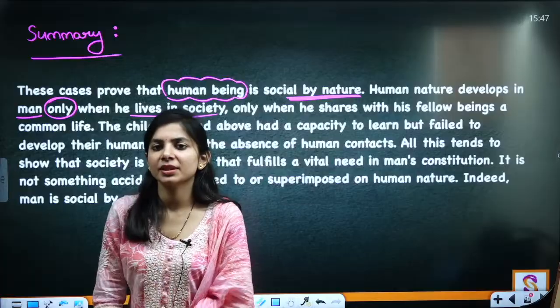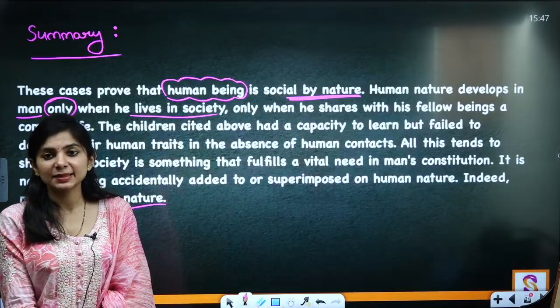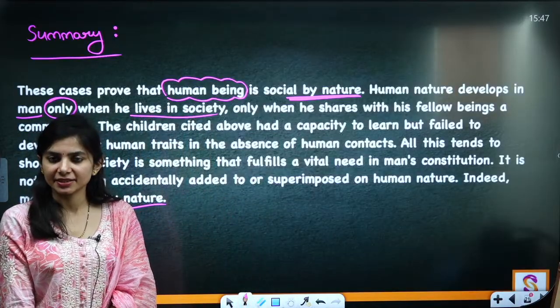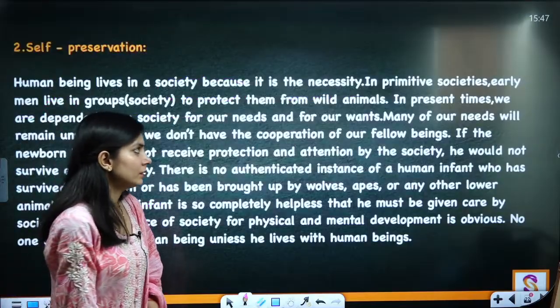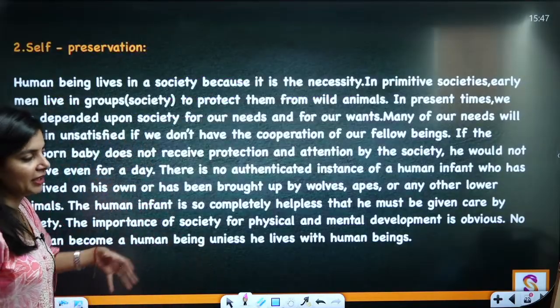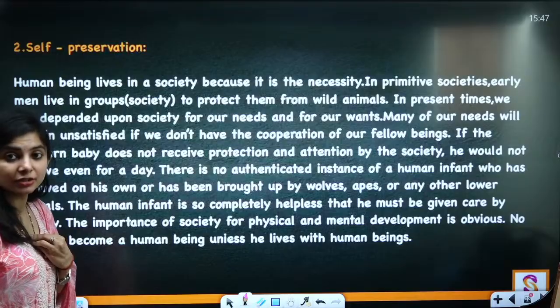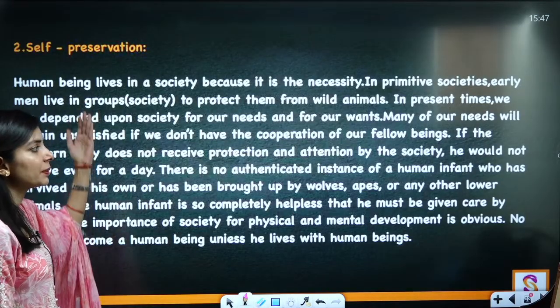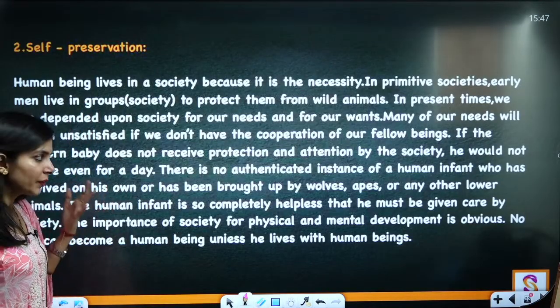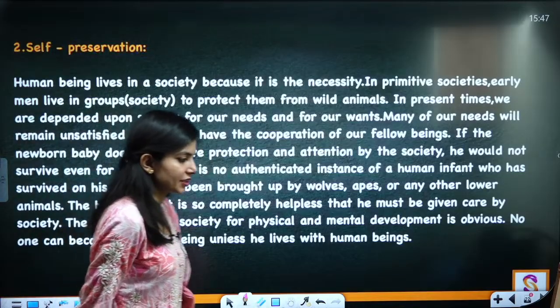So this is what social contract theory is explaining with the help of these case studies. Now, referring to the second point, we said that we require society. Why? Because we want to preserve ourselves. We require some sort of self-preservation.